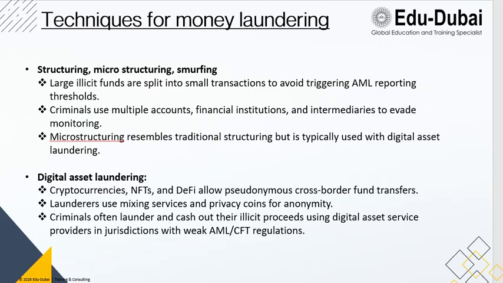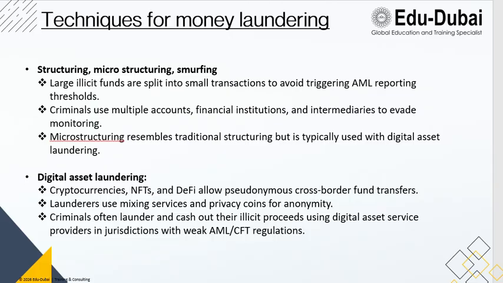Smurfing helps for that, because several accounts are already open. So in a matter of seconds, the money deposited in a particular account gets transferred to a lot of other accounts. That is called layering. In digital asset laundering, this can happen through mixing and tumbling.